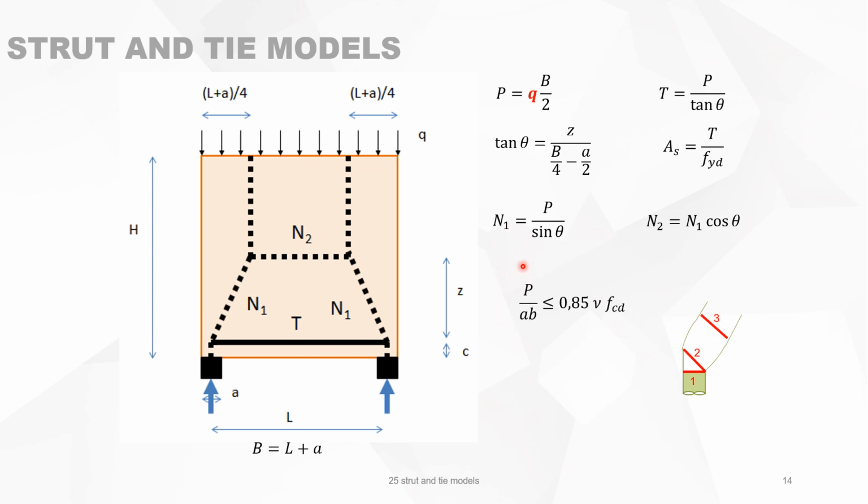And you see that to fulfill all requirements, P over AB must be smaller than 0.85 nu fcd, N1 divided by this surface must then be smaller also than 0.85 nu fcd, because P equals N1 times sin theta, and N1 divided by the cross section of the strut must be smaller than 0.6 nu fcd.